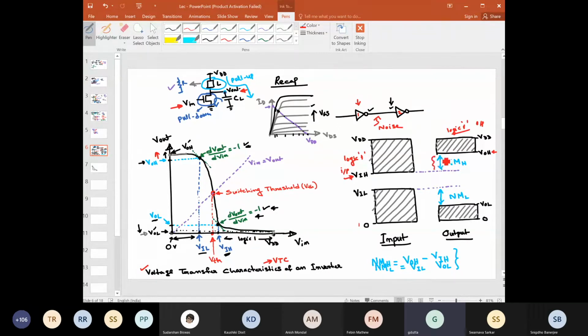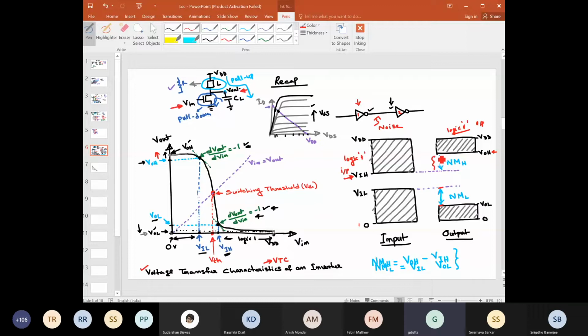Then you have a gap of this amount of voltage. So if the noise is within this limit, then still this inverter will produce the expected output, right? Similarly, in the logic 0 case, if the noise is within this limit, then also this inverter will produce the expected output. So the noise cannot hamper the result for this inverter.